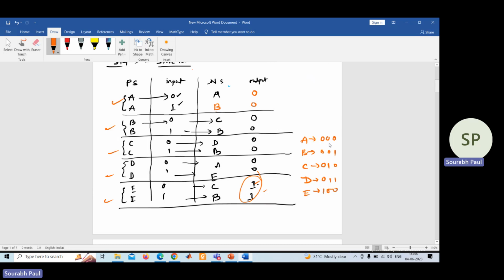Understood? Why didn't we consider 2 bits? Because with 2 bits we can get a maximum of 4 combinations, meaning 4 states maximum. However, in this problem we have 5 states, so we need at least 3 bits to represent each state.